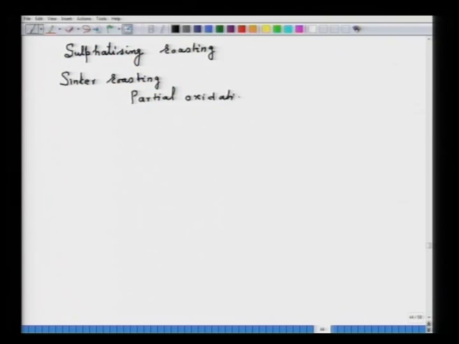Roasting is partial or full oxidation, plus modification of the physical condition of the ore. That is called sinter roasting.